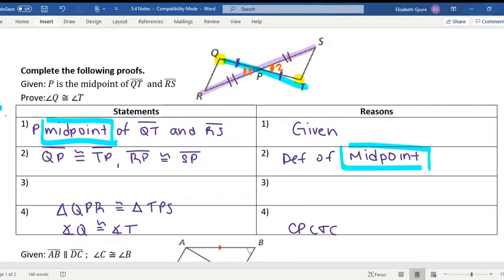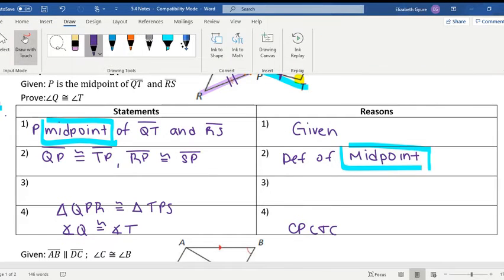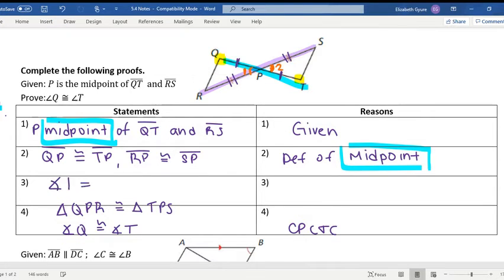So I'm going to then say that angle 1 is congruent to angle 2. Does anyone remember the appropriate reason for that? It is, yep. So vertical angle theorem.